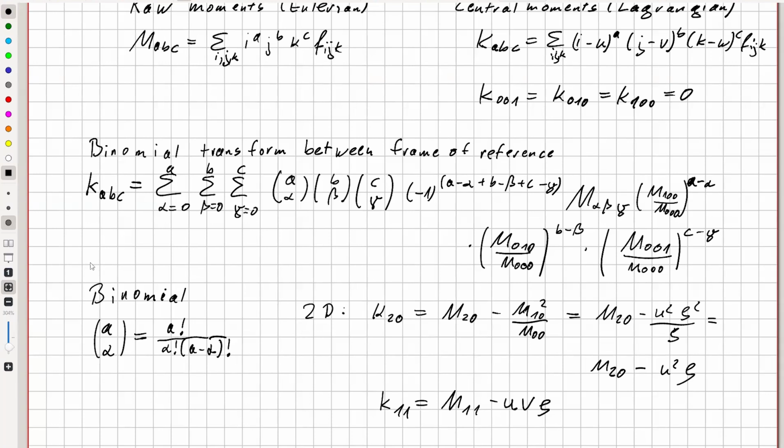Okay, if you look at this equation up here, one thing that you may notice is that K_ABC only depends on moments of lower order than itself, and by the way, only in a linear fashion.